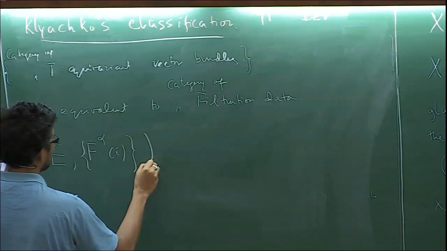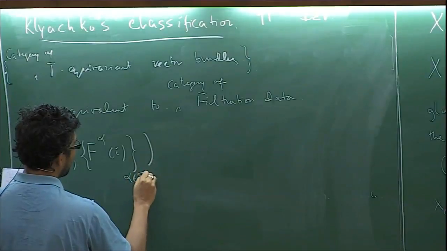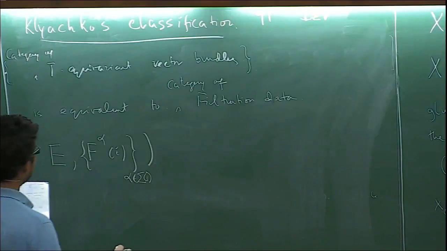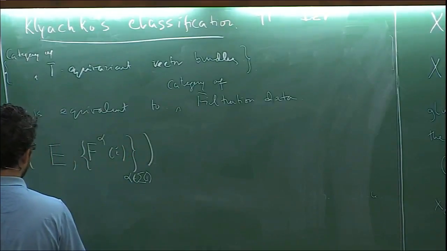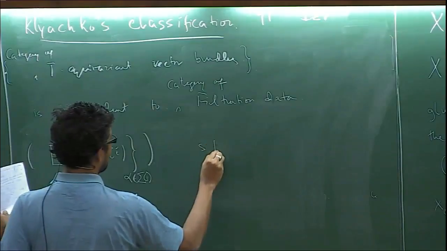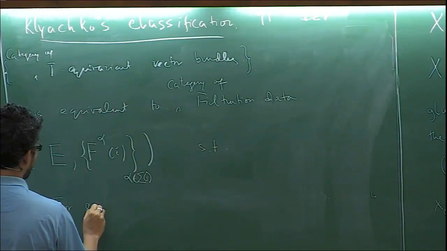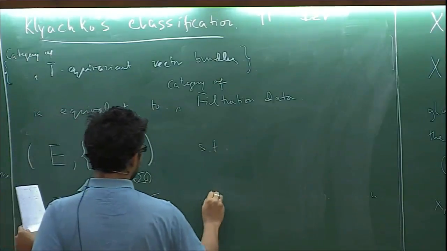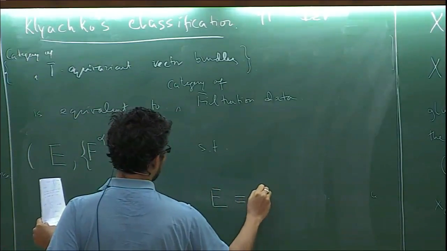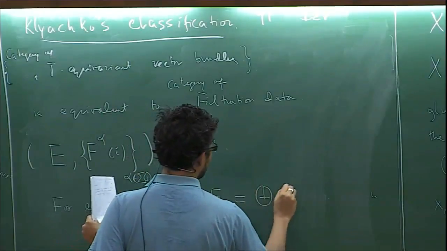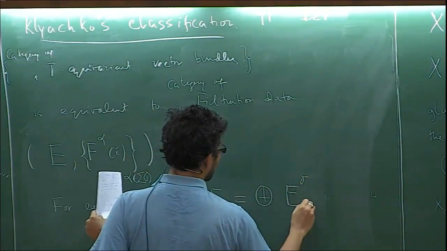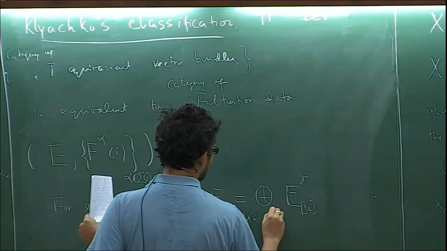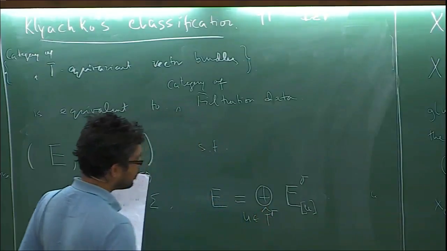So alpha belongs to the one-dimensional cones, such that for each sigma, this E can be written as a direct sum of E_sigma,U, where U belongs to the characters of T_sigma.